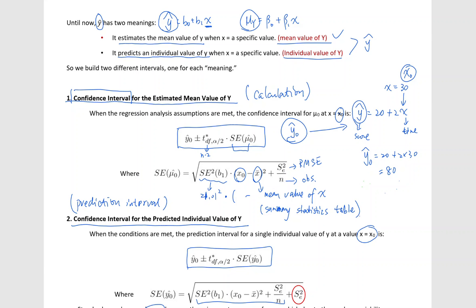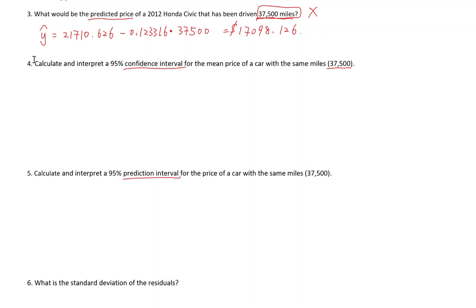All right, then let's come back to our question. Number 4, calculate and interpret a 95% confidence interval for the mean price of a car. So we have the mean price of a car with two meanings, right?